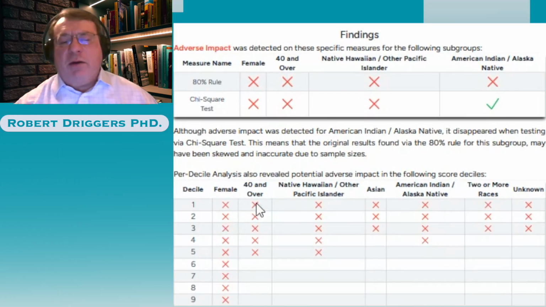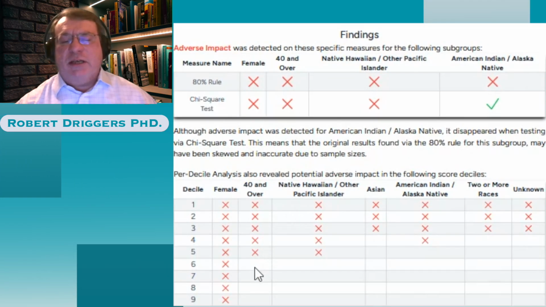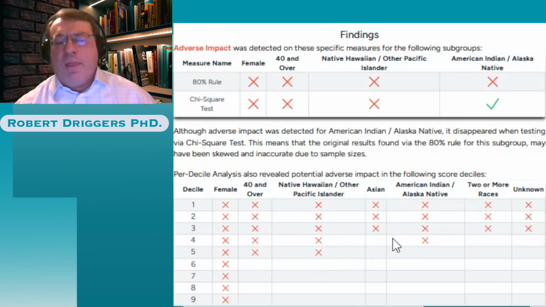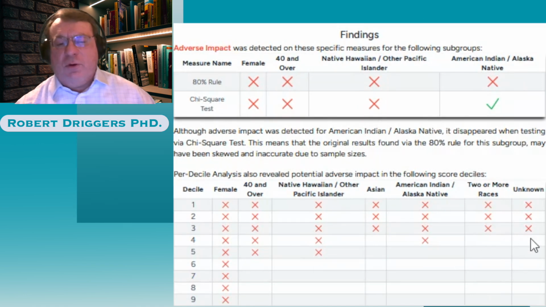But you'll notice the pattern with 40 and over, and the same one with Native Americans, where yes, as the decile was higher, they had adverse impact. But once you got down to decile 6, that adverse impact went away. You can see the same pattern for Asians at decile 4, for American Indians and Alaskan Natives at decile 5, two or more races at decile 4, and unknown at decile 4.